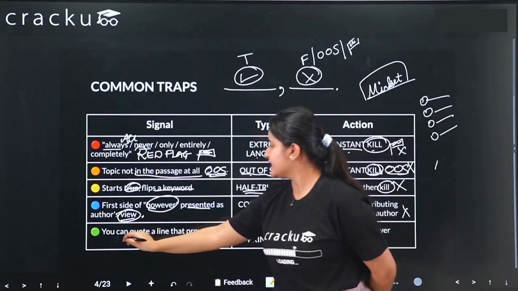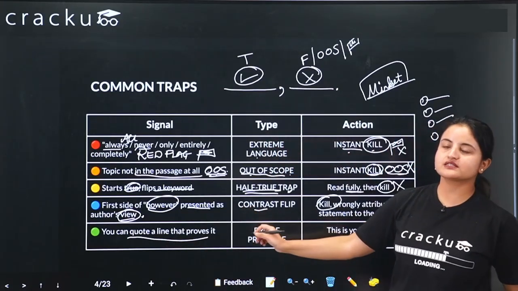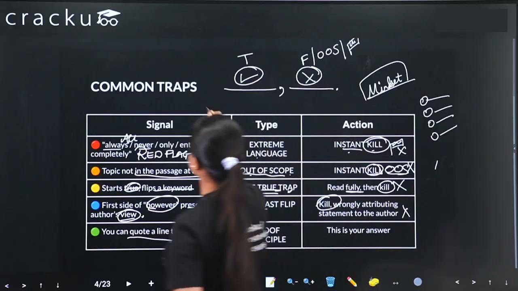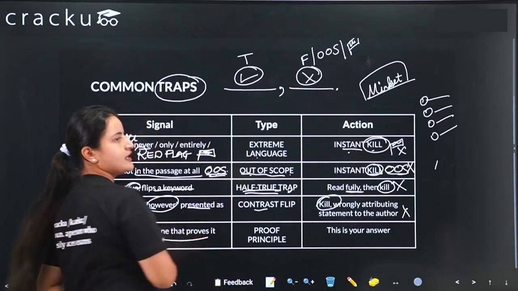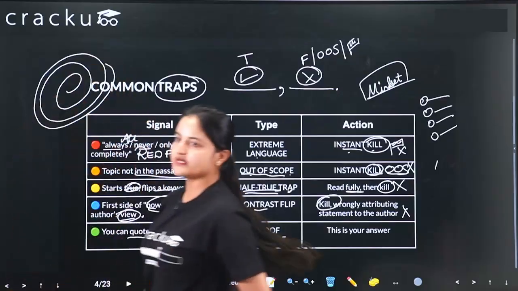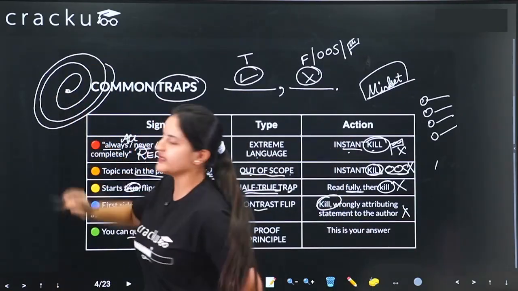Now, you can quote a line that proves it. This is the redemption from the trap. So we were talking about common traps, and a lot of common traps would be spread by the author. How can you get out from it?